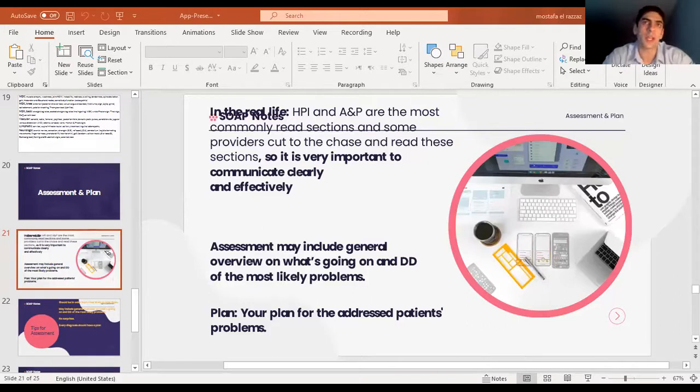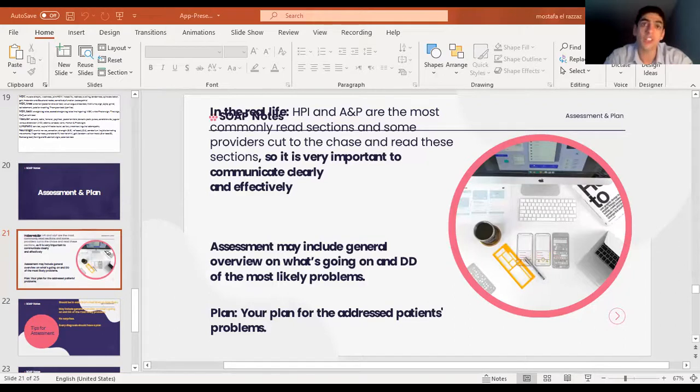It's not going to be just a 50-year-old male complaining of shortness of breath. No, this is not sufficient as an assessment. So yes, he's 50 years old, past medical history of this and that, comes to the ED complaining of this and that. On examination, this was found. On labs, this was found. On radiology, that was found. So essentially, you are now treating COPD exacerbation. This is your initial assessment of the patient.